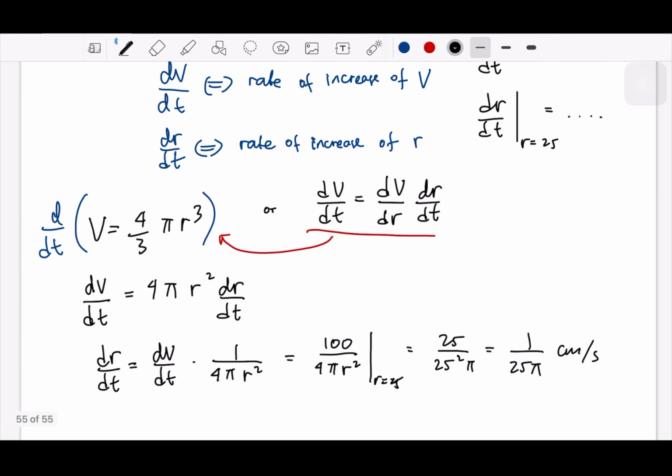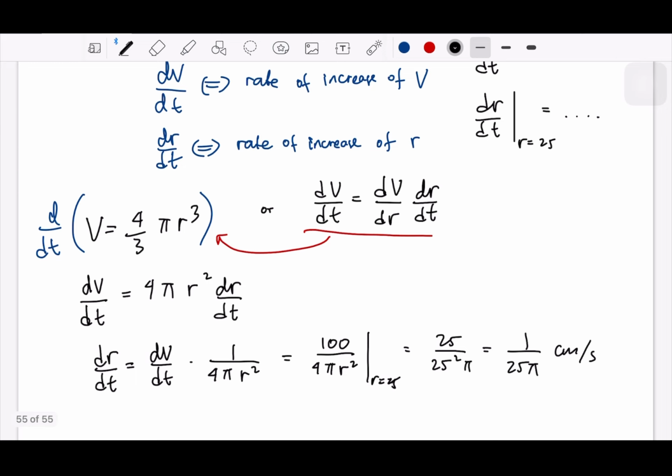Okay, I hope you can get a clear explanation of how we can correlate some terms with other terms. For this case, we are using the formula for the volume of a sphere.